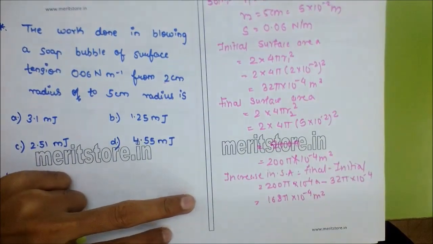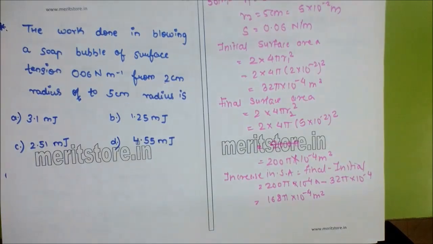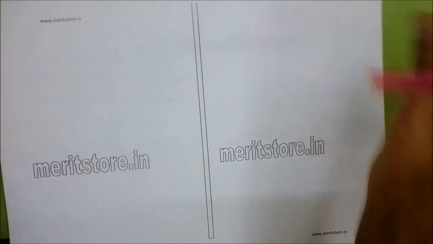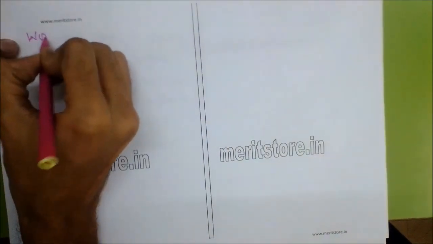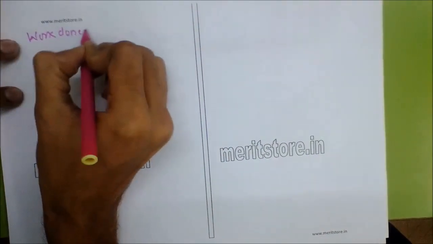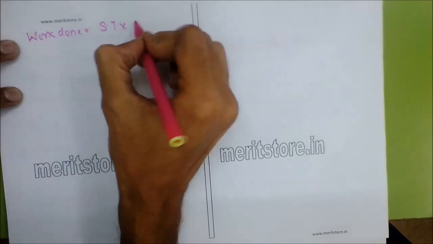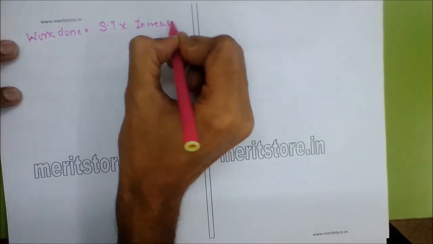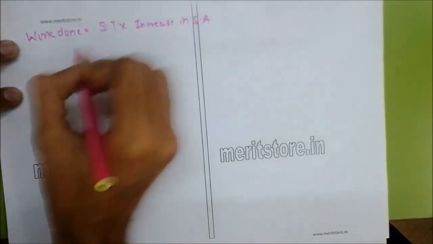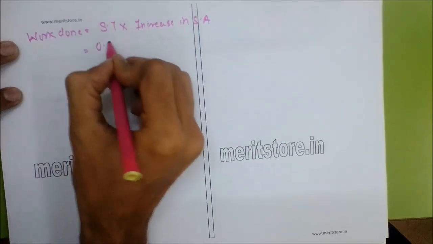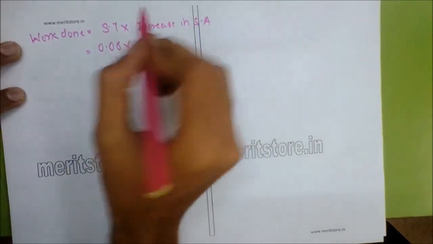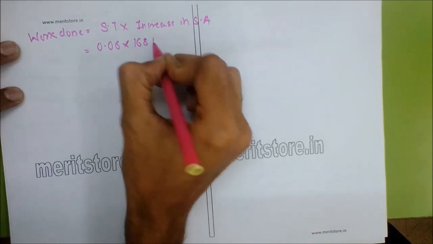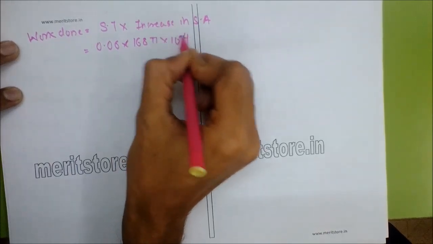That is how much is the increase in the surface area. After finding the increase in the surface area, we'll find the work done. Work done is nothing but surface tension into the increase in surface area. Surface tension we already have, 0.06, into the increase in the surface area, which we got to be 168 pi into 10 raised to minus 4 meters square.